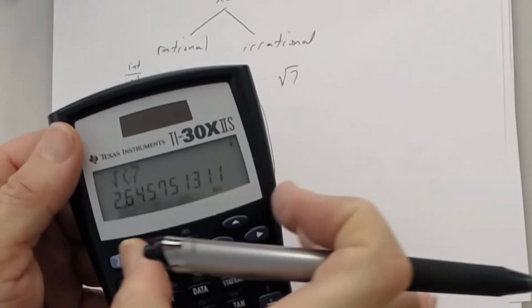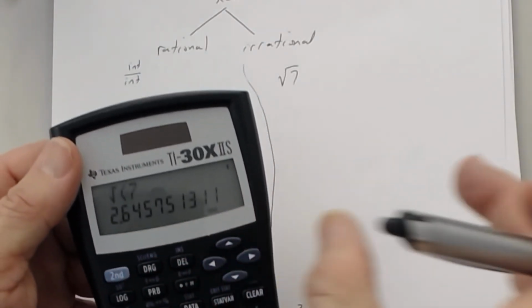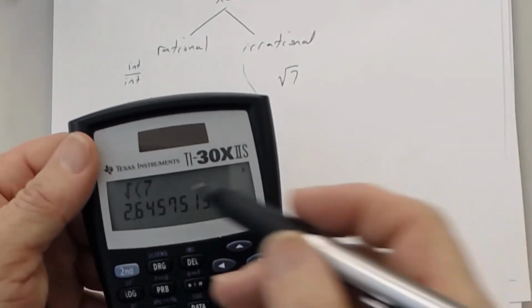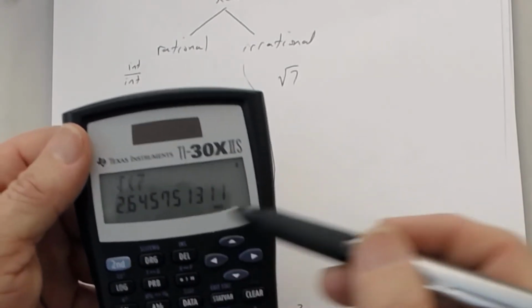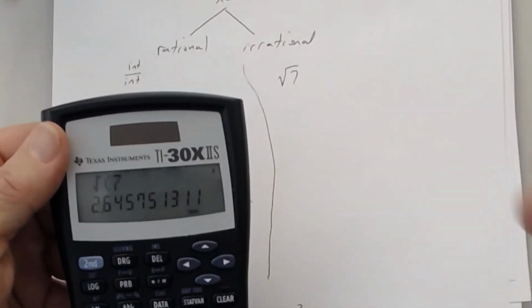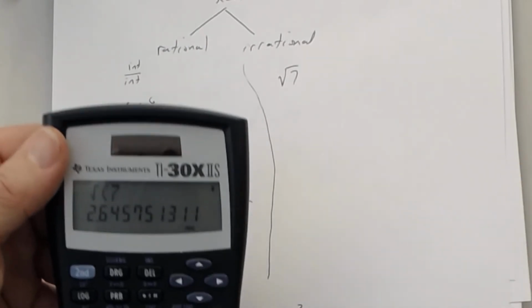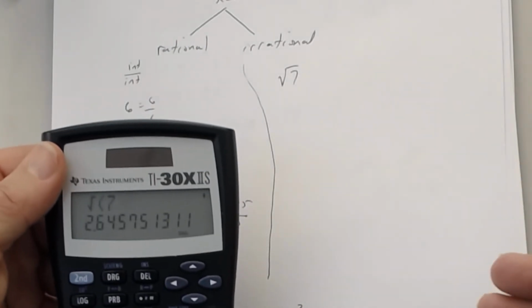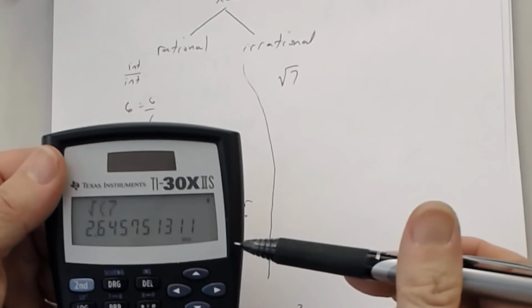There's no repetition of digits. So this is a decimal that keeps on, that doesn't terminate, but there's no repetition. So that makes it irrational.